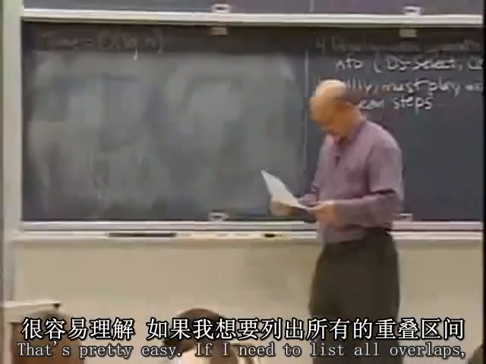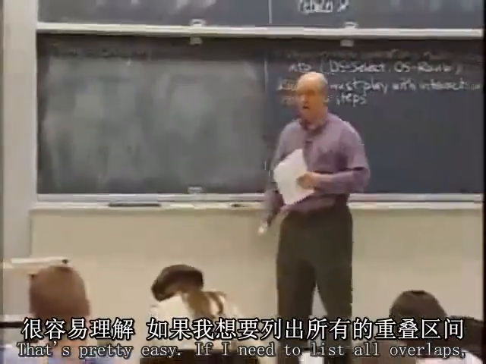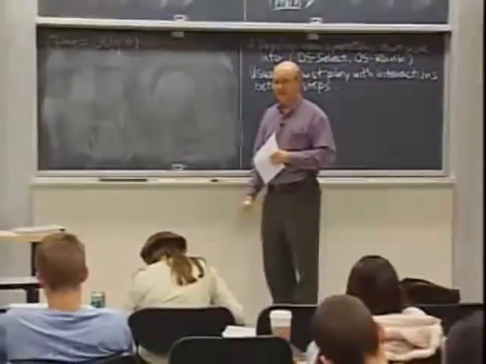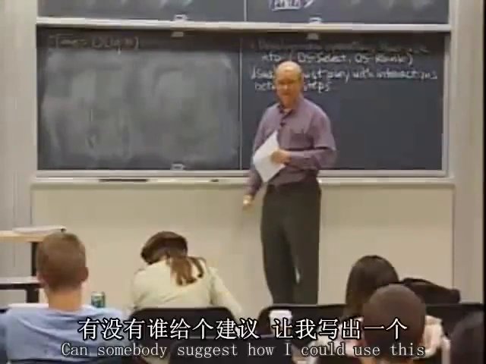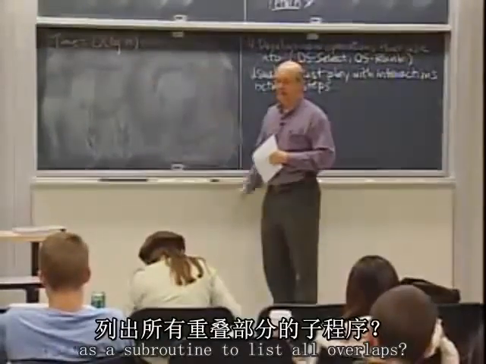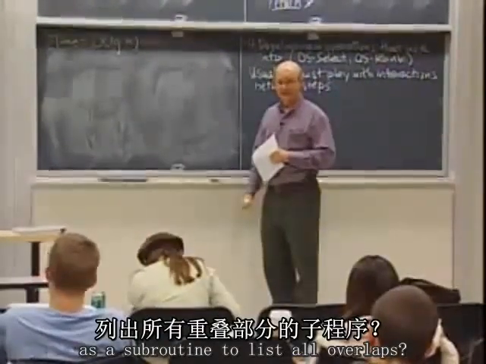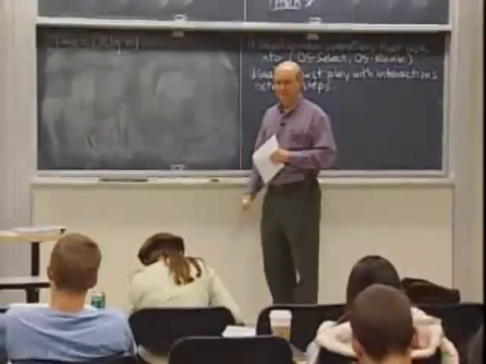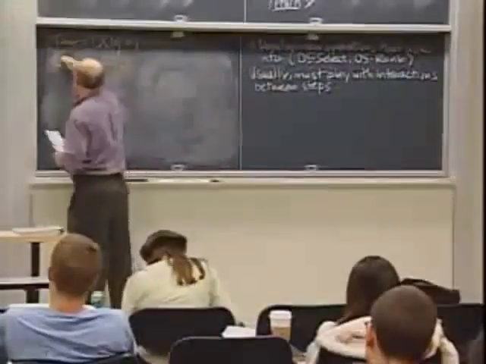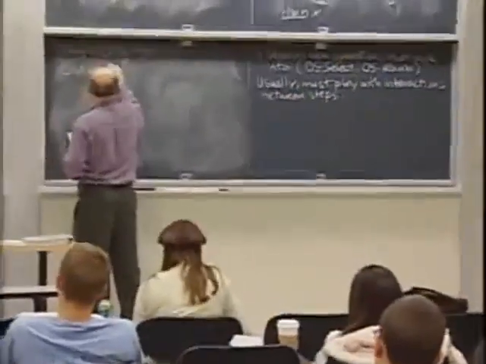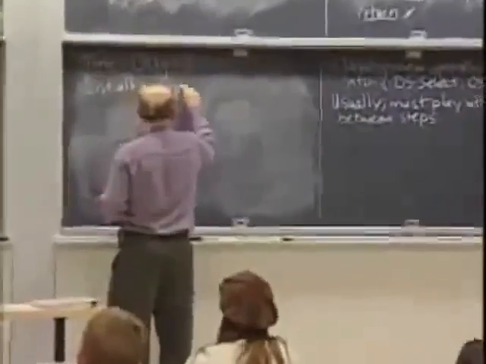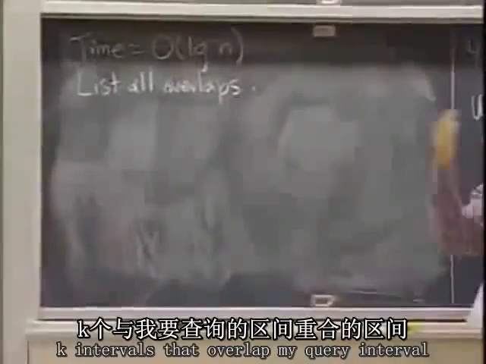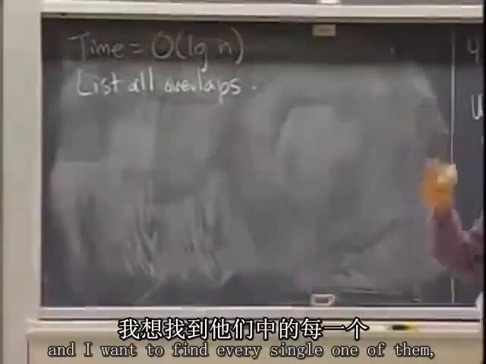If I need to list all overlaps, how quickly can I do that? Can somebody suggest how I could use this as a subroutine to list all overlaps? Suppose I have k intervals that overlap my query interval, and I want to find every single one of them.